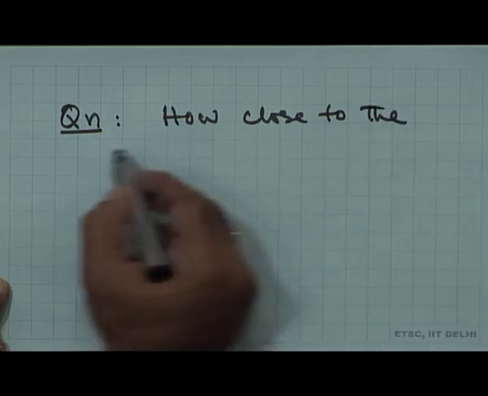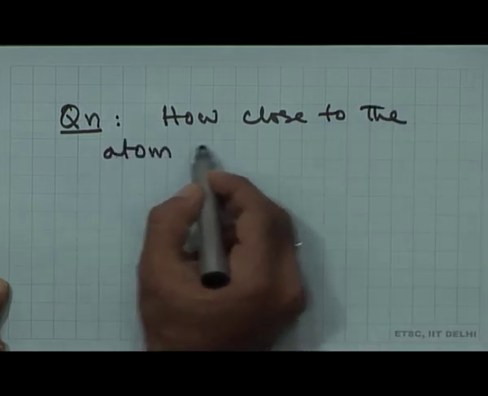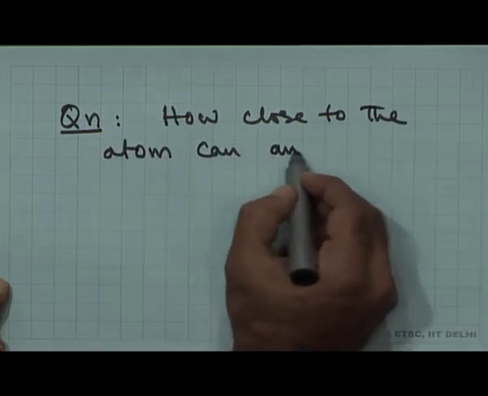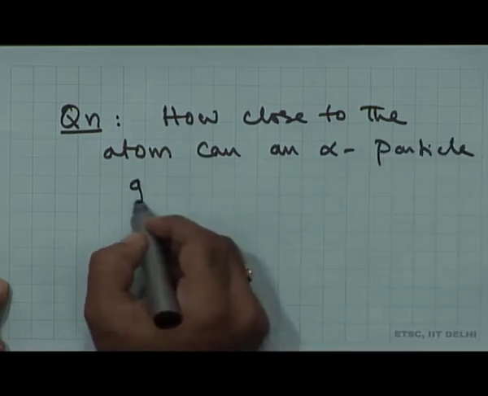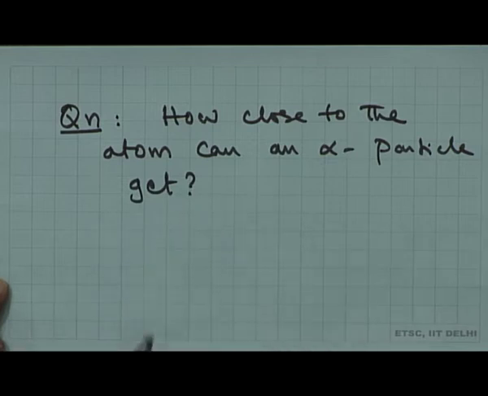The question that we are going to ask is, how close to the atom can an alpha particle get? That is the question that we are going to ask, and that obviously depends on the size of the positive charge distribution. So I am going to make one estimate for you, and then I am going to modify that, which you will yourself work out.